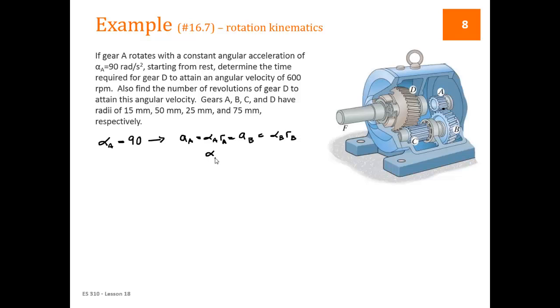So from here we get alpha B is equal to, we move the r's over, alpha A, which is known, RA. And so we get alpha B equals alpha A times RA over RB.